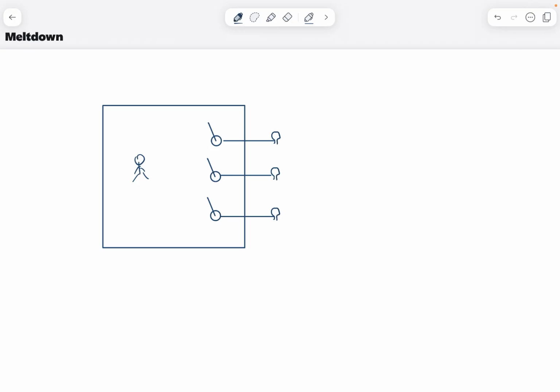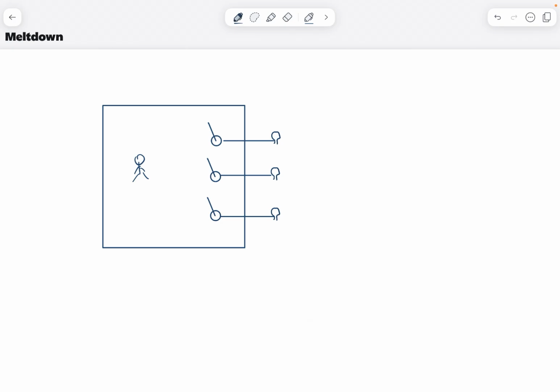Your goal is to know which control is associated with which light bulb outside of the room.